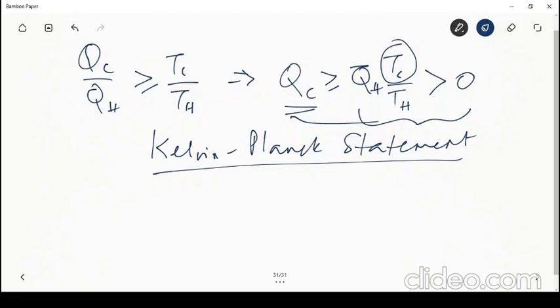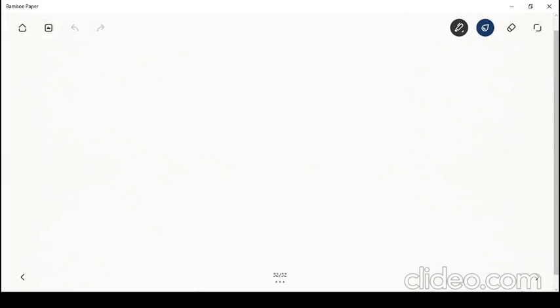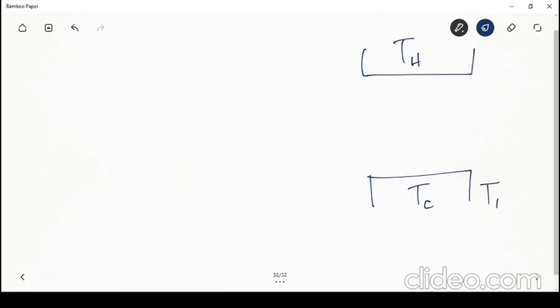The same concept, the same Clausius inequality, if I apply it to a refrigeration cycle or a heat pump cycle, then it is, let's say, TC and TH, where TH is greater than TC. Okay.